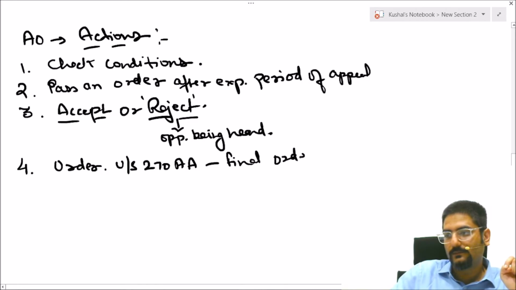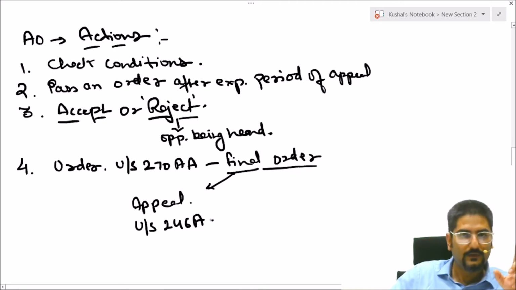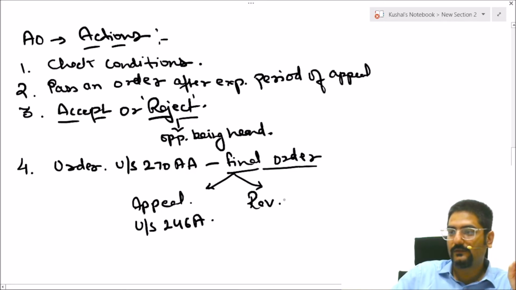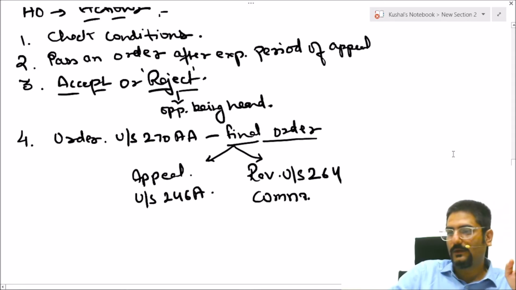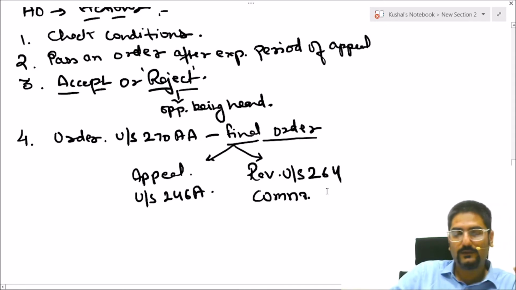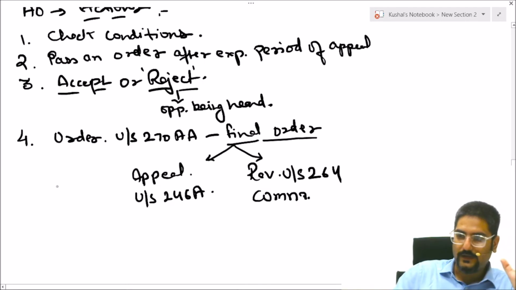It is a final order, means you do not have any right to file either appeal to CIT(A) under section 246A or application of revision under section 264 to the Commissioner. Means the order passed by the authority, either accepting it or rejecting it, is a final order.